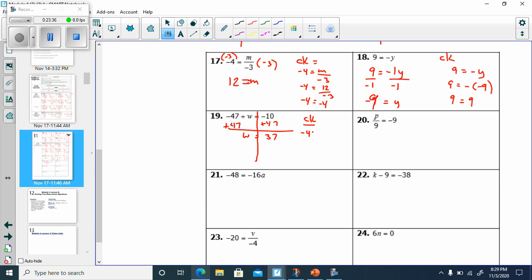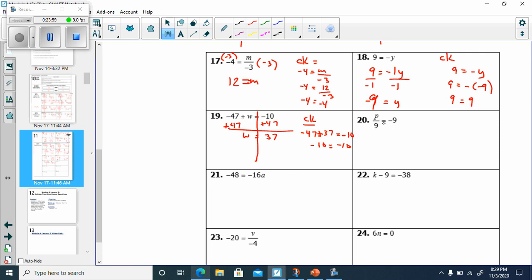Is negative 47 plus 37 equal to negative 10? Yes, it is. So that means that W equals 37. The solution for W is equal to 37.